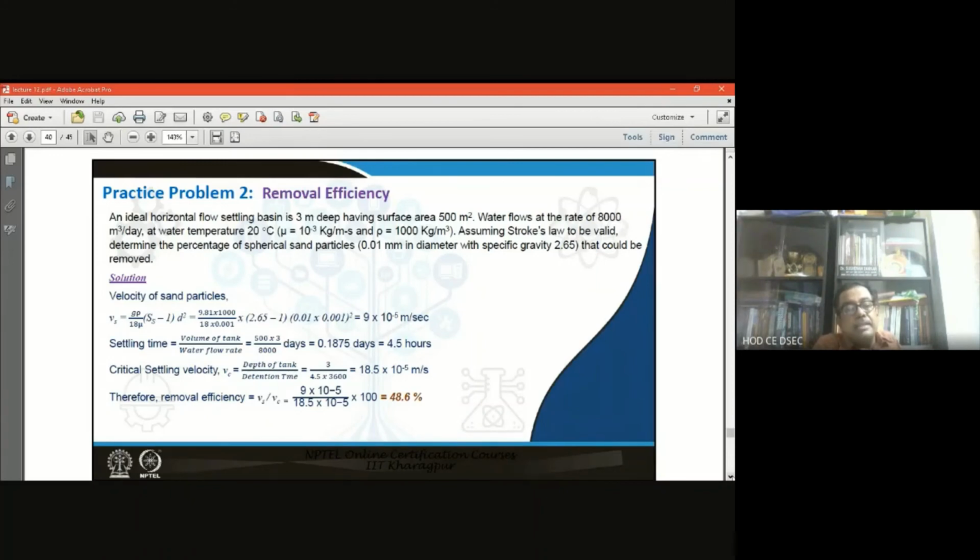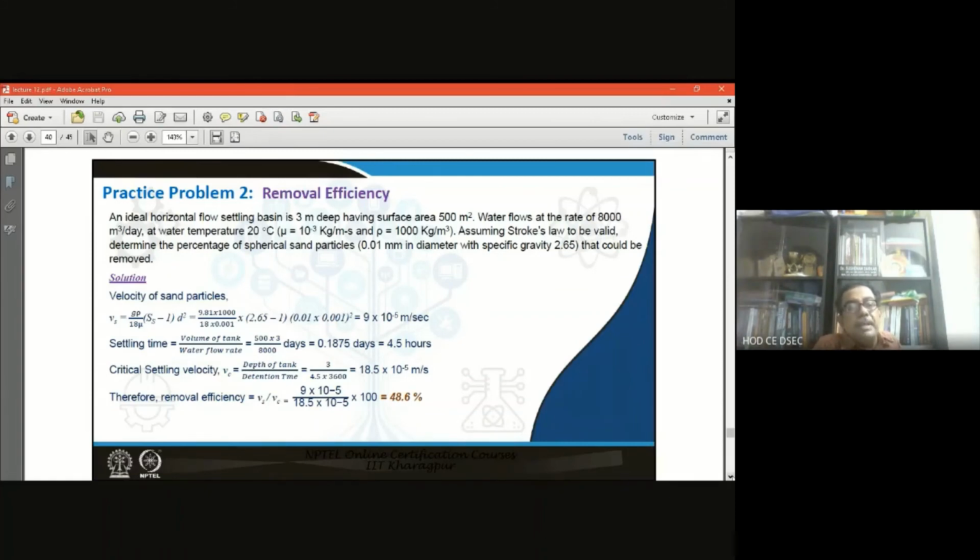This detention time helps you calculate the critical settling velocity, which is the depth of the tank, given as 3, divided by 4.5 hours. If you convert into seconds, 4.5 into 3600. So the critical settling velocity comes to 18.5 into 10 to the minus 5 per second.